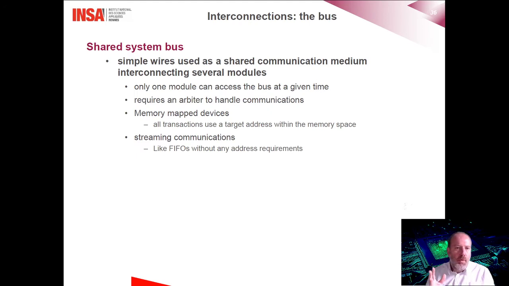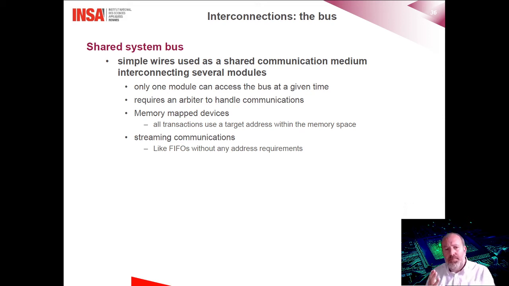Before continuing, I would like to say just a few words about the shared system bus, since it's the type of bus that we're going to consider in the next lectures and also in the lab. A shared bus is made out of simple wires that are used as a shared communication medium, interconnecting several modules. Only one module can access the bus at a given time, which is something really important to avoid conflict.